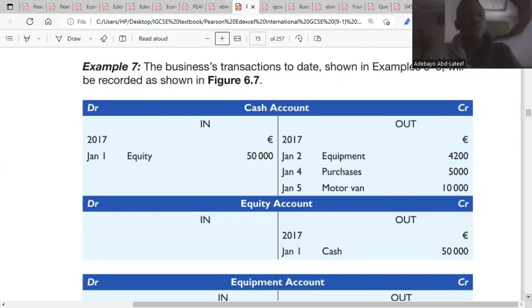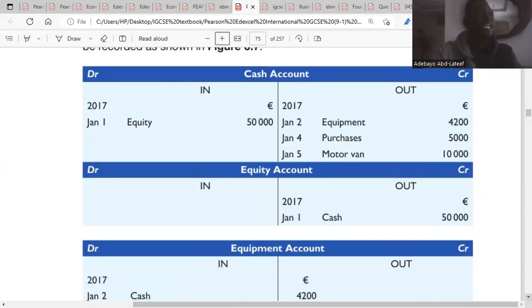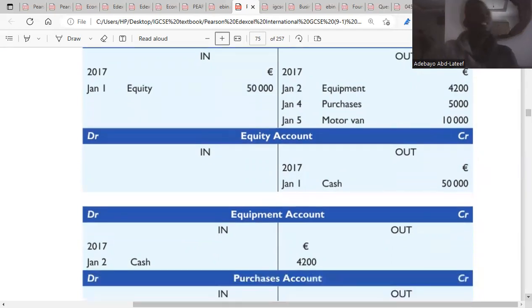Then your equity account will have a credit balance, because the first money that the owner of the business gave to the business was the 50,000. So your capital account, or equity account, has a credit balance of 50,000. Then we have the individual accounts.